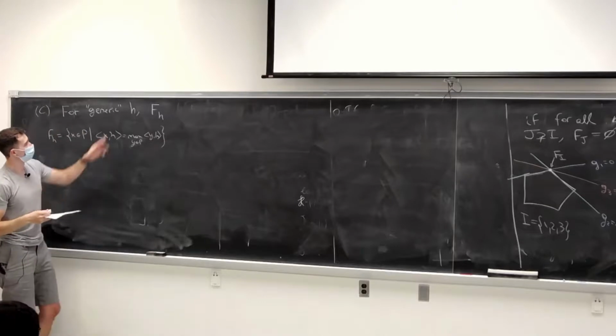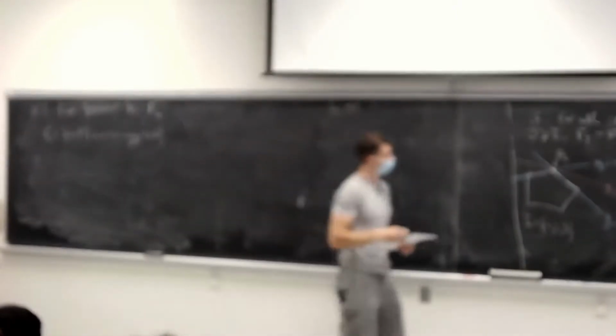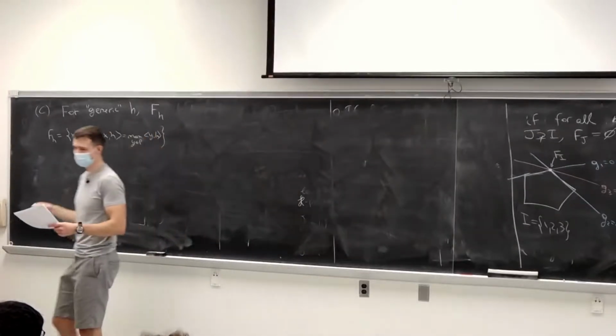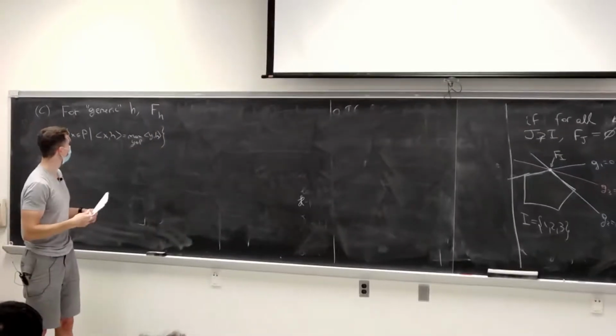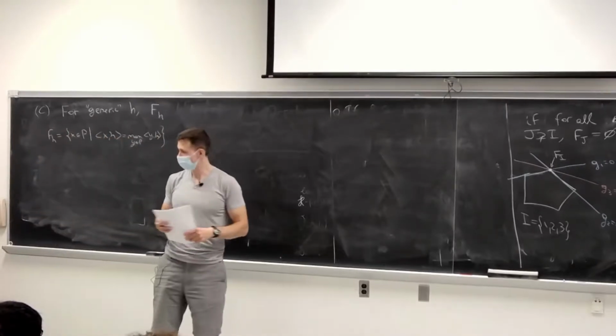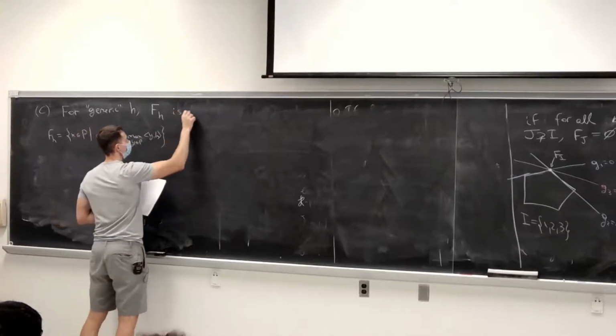So if H is generic, let's say you just pick a random vector, where each coordinate is like phi, and then the next one is e or something like this. How is the face going to look? Yeah, you're right, it's going to be a vertex.